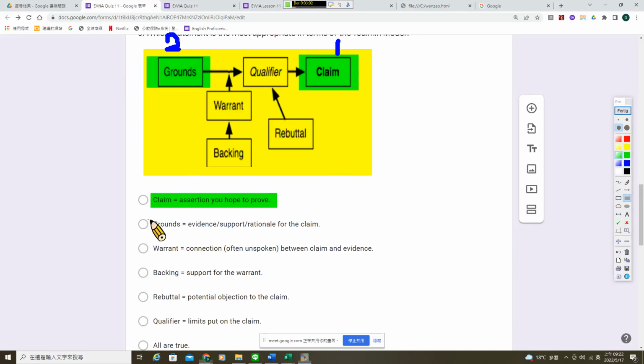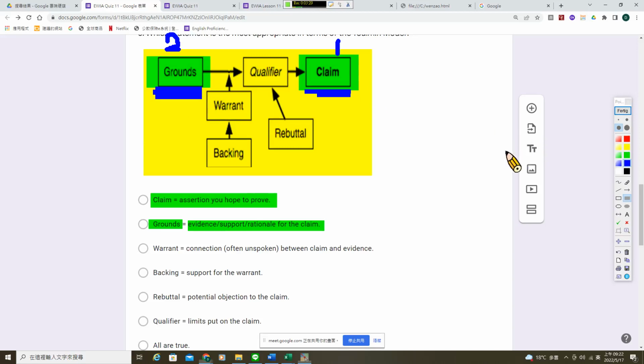So as you can see from here, what is the meaning of grounds? Grounds is the evidence, support, or rationale for a claim. So basically, we say this because of this ground. So we have a certain claim. It is not just coming out of our imagination, because we can have some solid evidence.